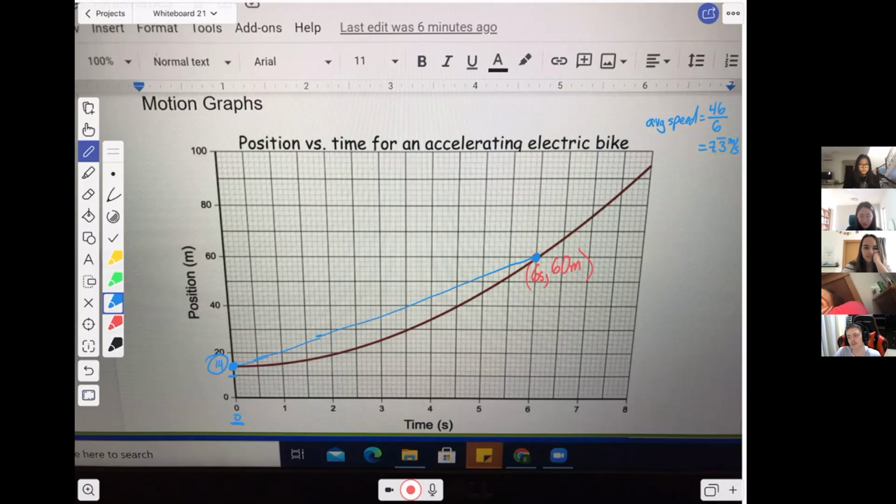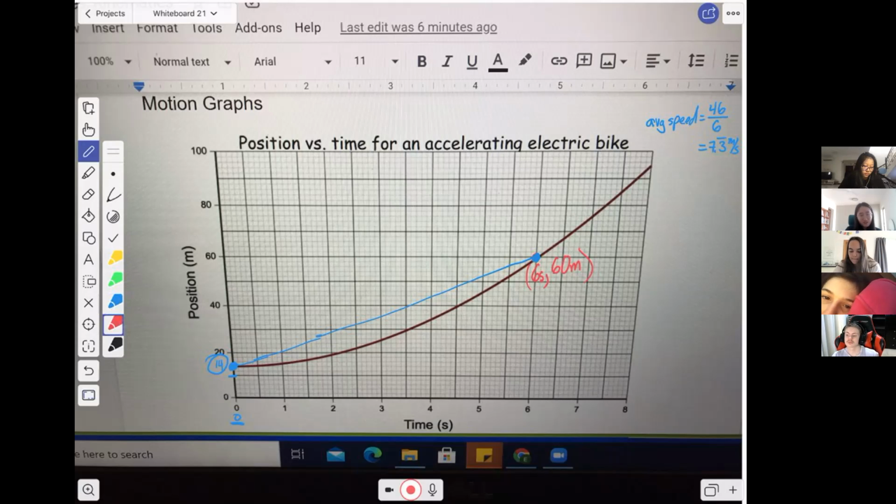Average velocity is displacement over time. Okay, good. What's the displacement in this first 6 seconds when I go from 14 to 60? Isn't it the same?